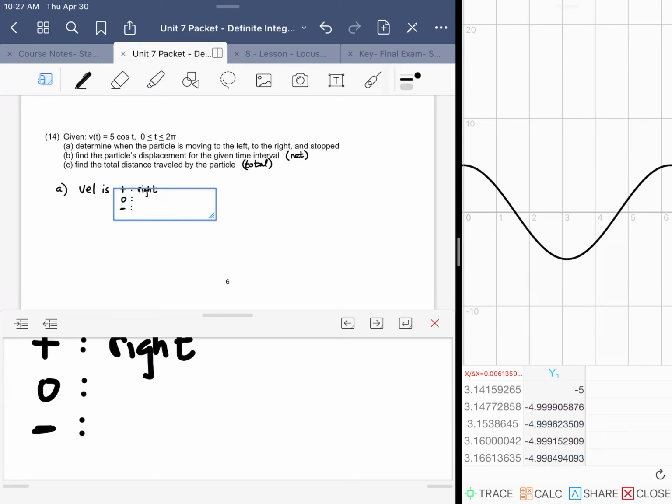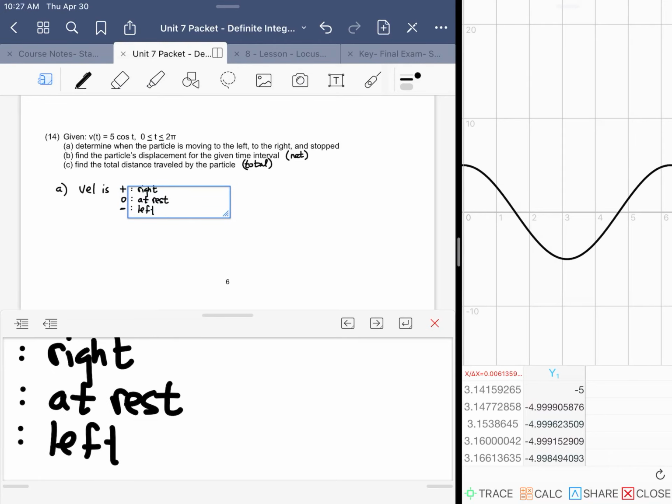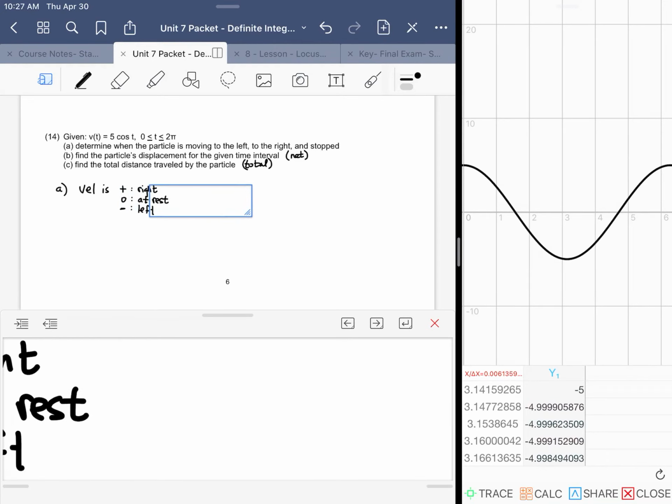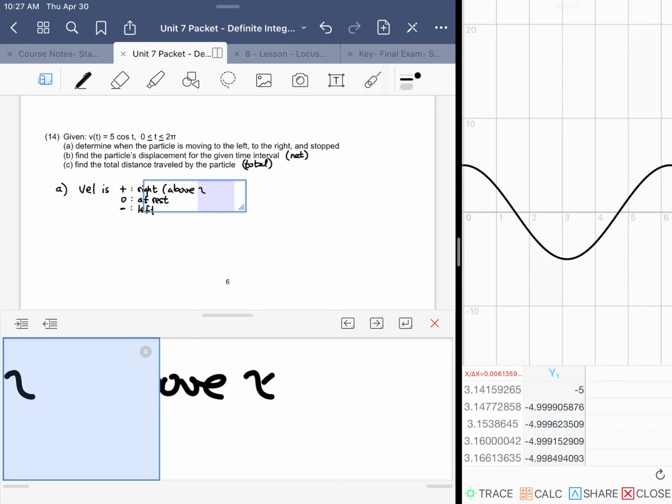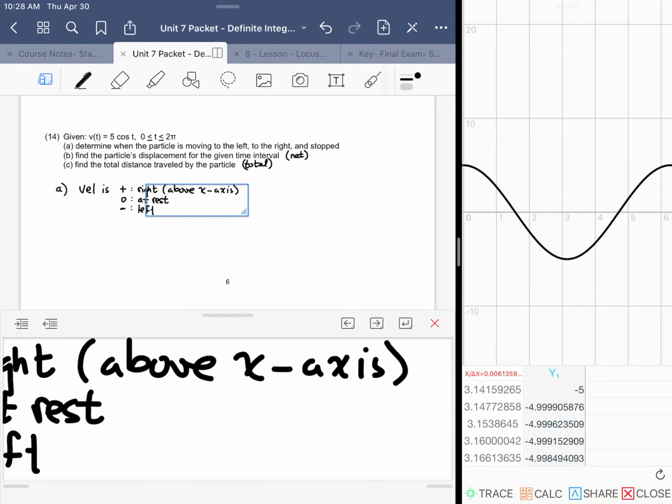If the velocity is positive, then we're moving to the right. If it's 0, then we're not moving at all, so at rest. And if it's negative, we're moving left. Positive would be above the x-axis.